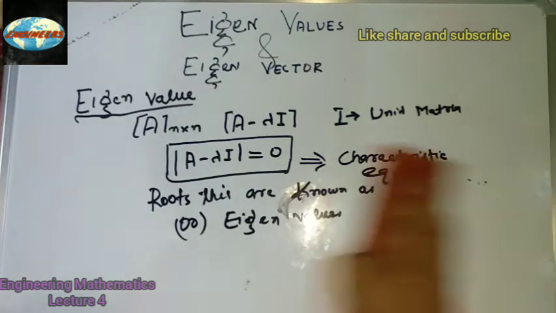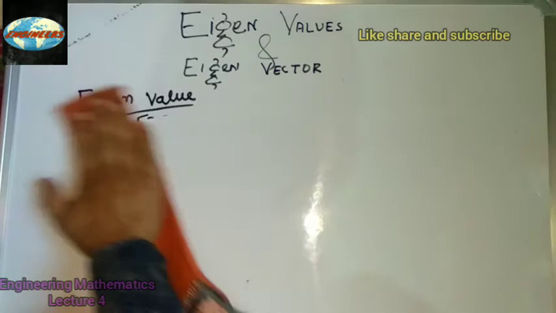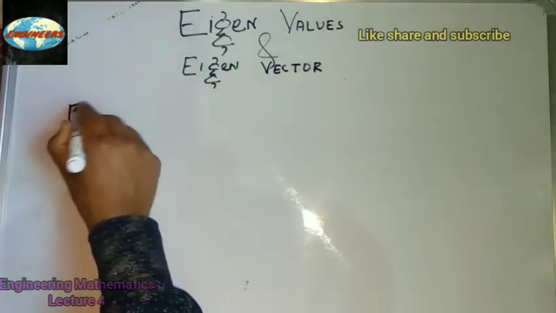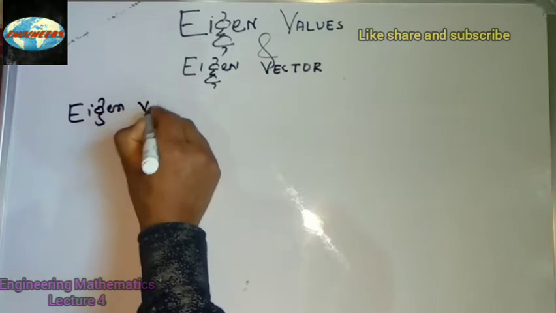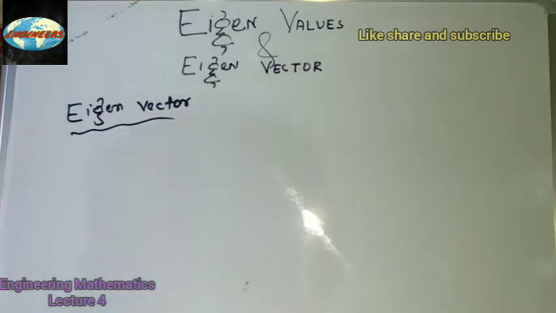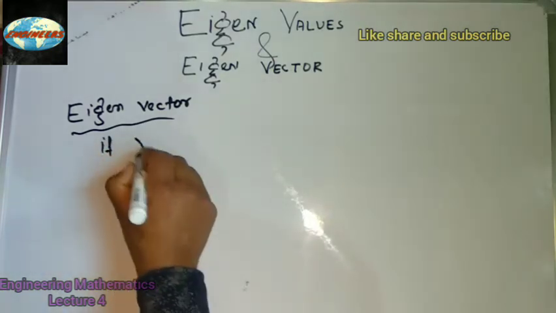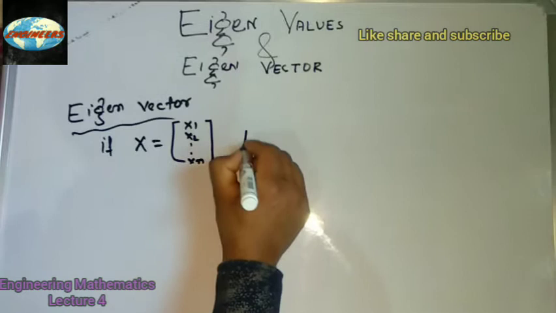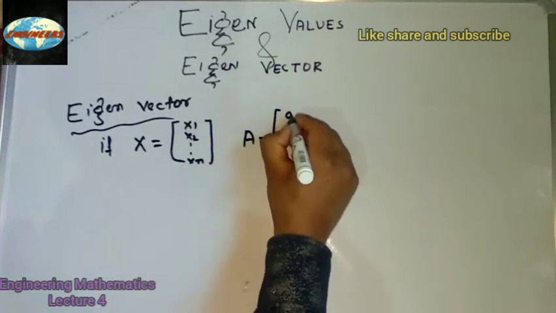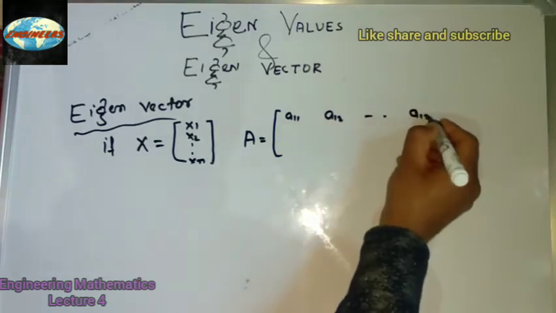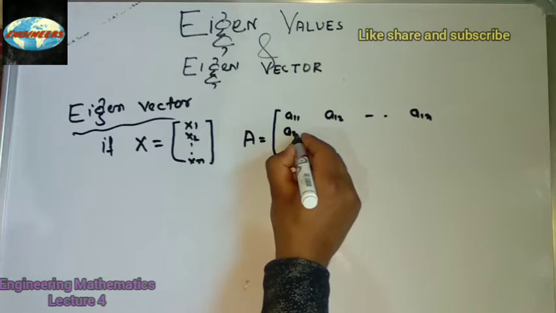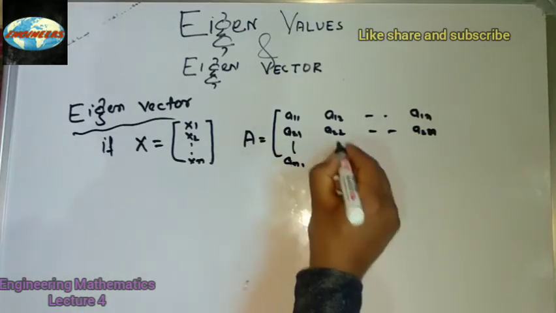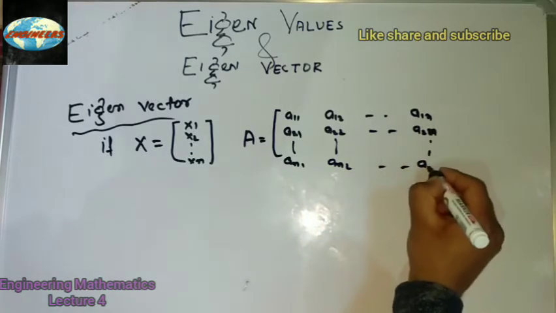Now we will see what are eigenvectors quickly, then some properties of eigenvalues and eigenvectors, and then we will solve some previous year questions. Eigenvector. Let X be a matrix like this: x1, x2, so on, xn, and A is one more matrix: a11, a12, so on, a1n, a21, a22, so on, a2n, and the same down to an1, an2, ann.